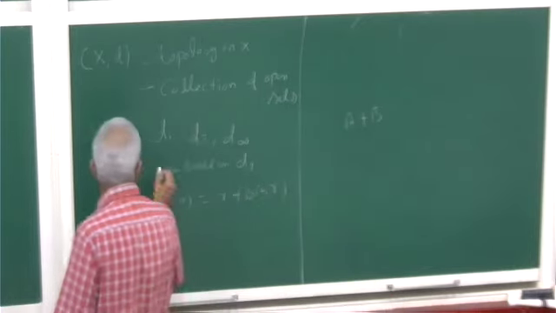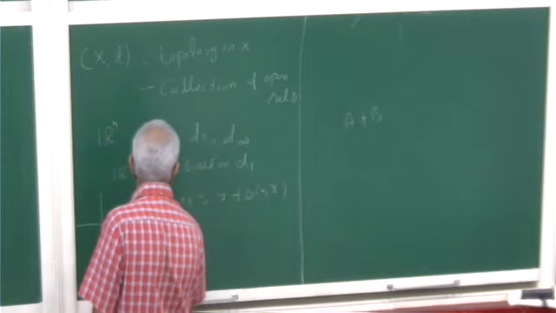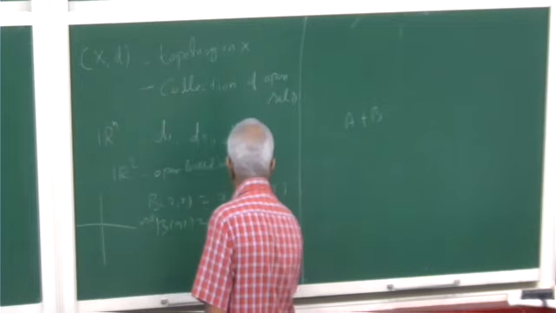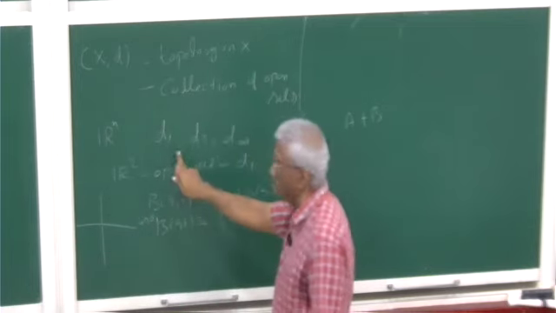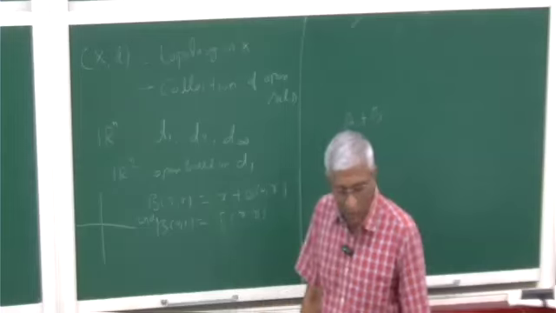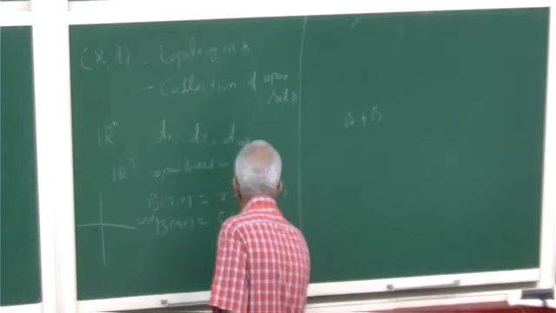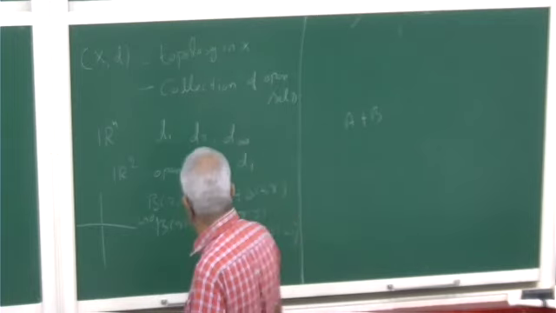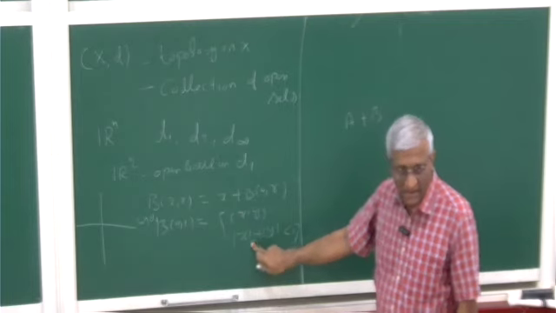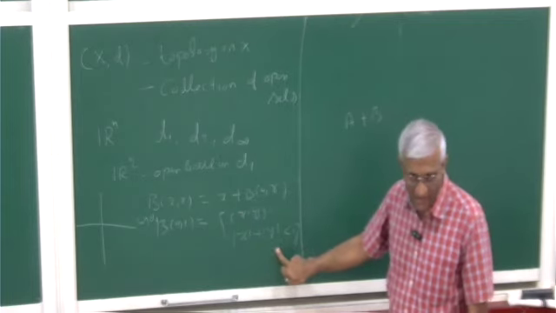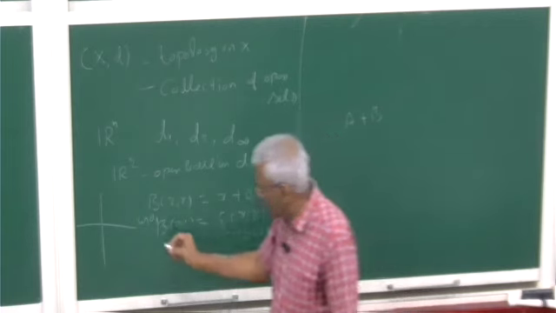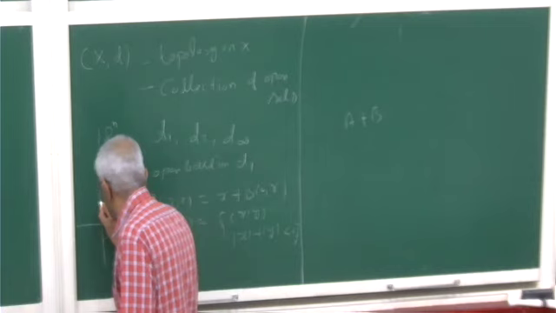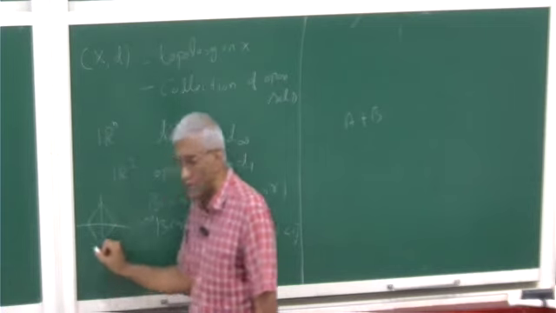So how does B(0, 1) look in d1? It is all those (x, y) such that the norm is less than 1, which is just mod x plus mod y less than 1, with plus or minus in each coordinate. So x plus y equal to 1 is this line, and there are other lines like this, and you have to exclude the boundary.